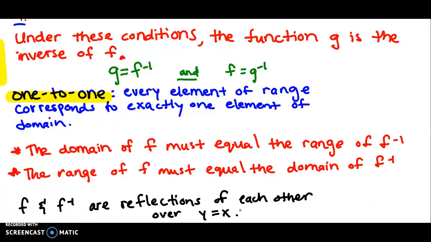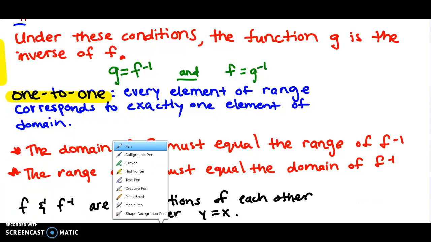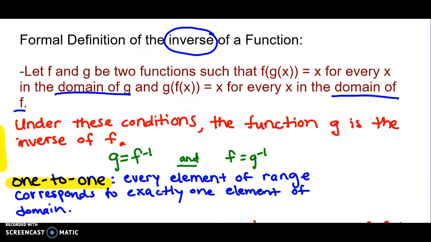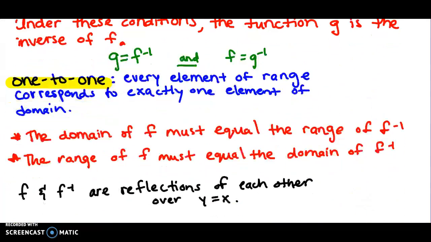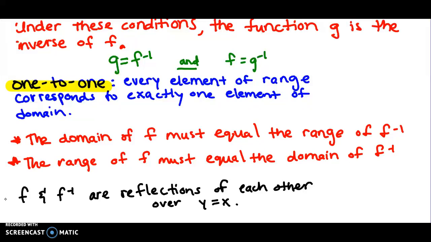It's kind of an interesting thing, be fun to play around with. I know that's a lot of information, but I really want to hit home both algebraically and graphically what it means to be an inverse and also what it means to be one-to-one.